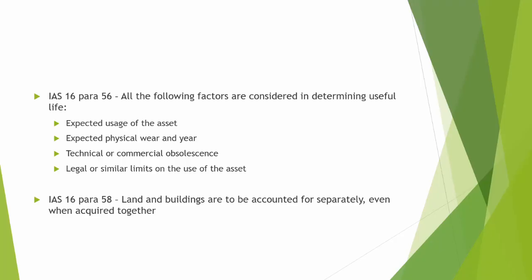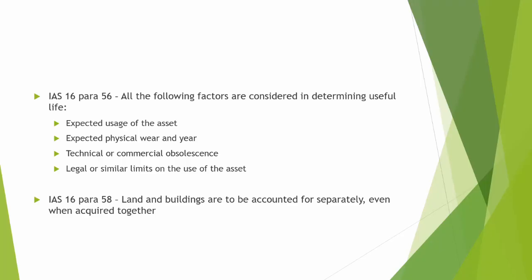However, because of technological advances, we're probably only going to use it for 5 years. Then we would take the 5 years into account. The same goes for legal limits: any limits on the use of the item, we will take into account when determining this useful life.